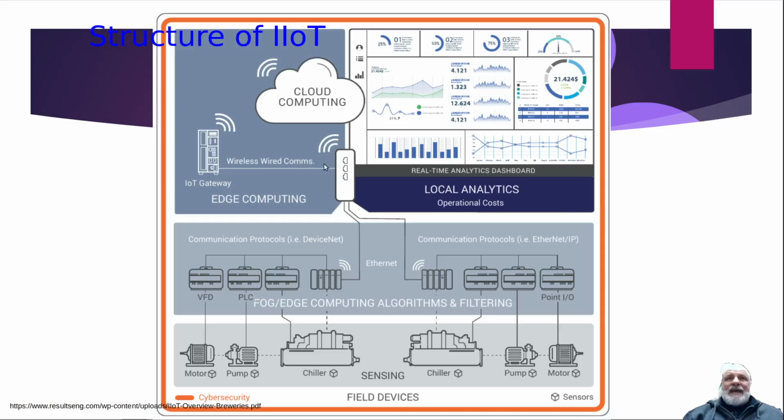But then above that, we have what we call edge computing devices. The PLC can report up to this edge computing device. That device is on the edge of the internet, and it's able to pass that information up through the cloud, through the internet, to other devices like the boss's PC or cell phones or things like that, so that they can get status about what's happening at any time.